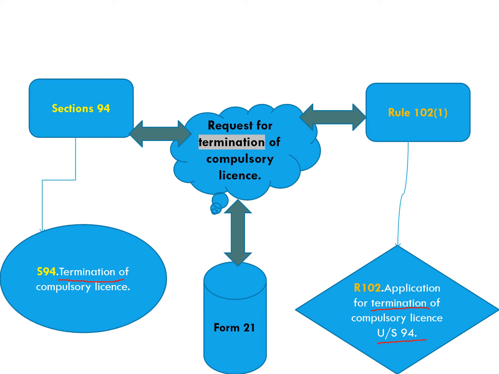Just remember form 21, section 94, rule 102, and the keyword is termination. The second keyword is compulsory license.